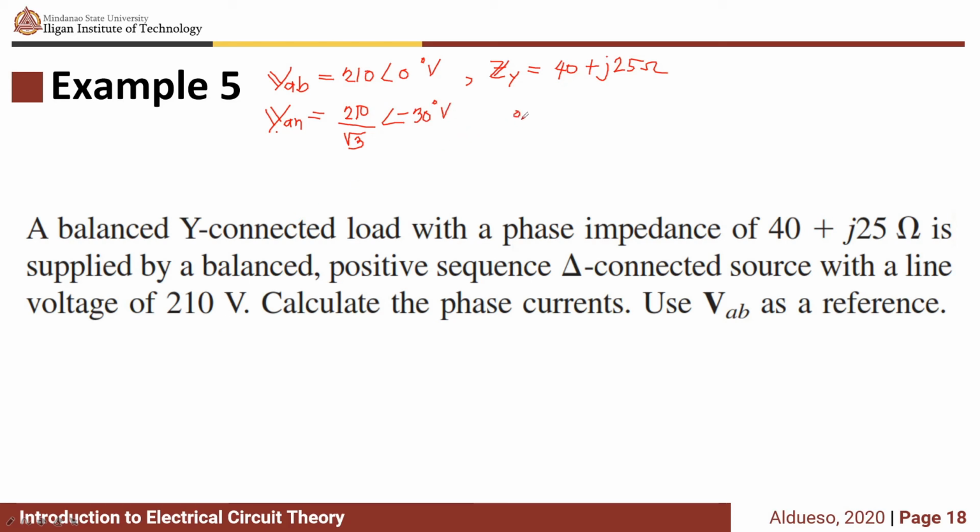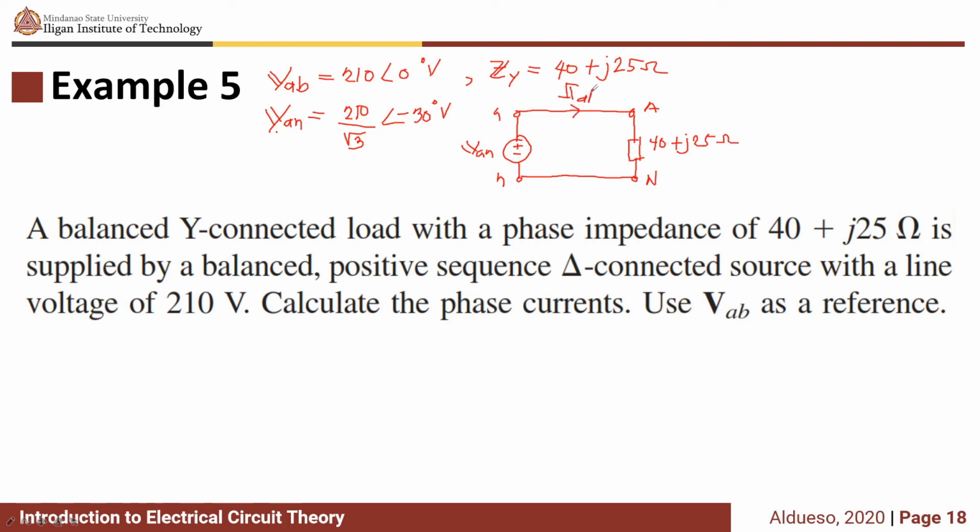So this is VAN, and we have our phase impedance. This is 40 plus J25.